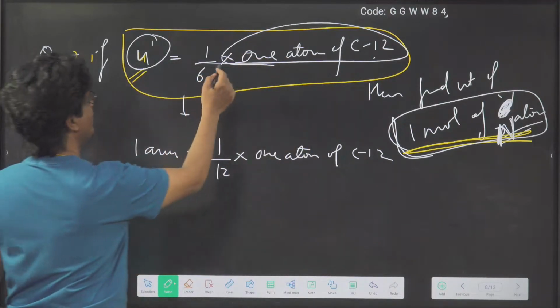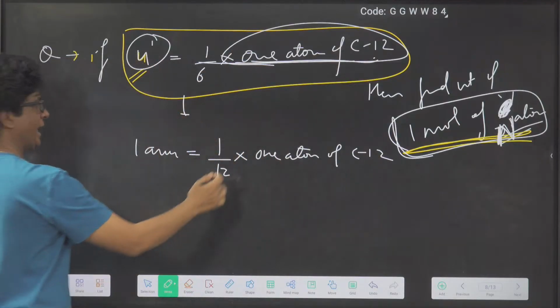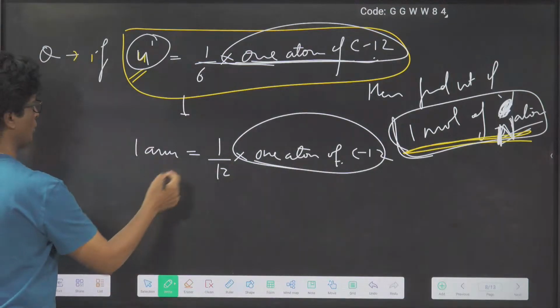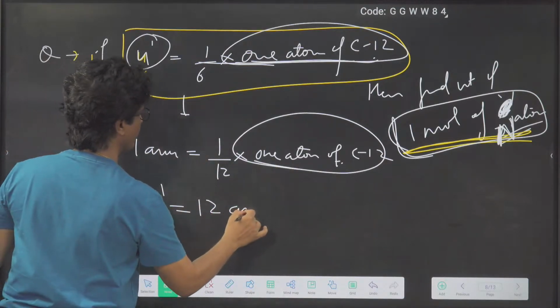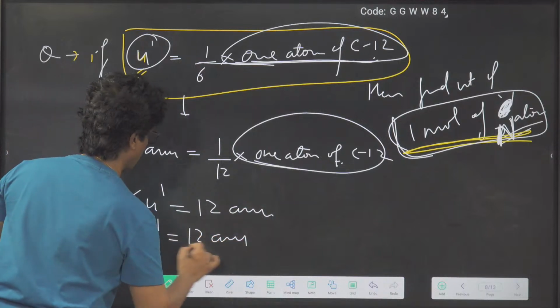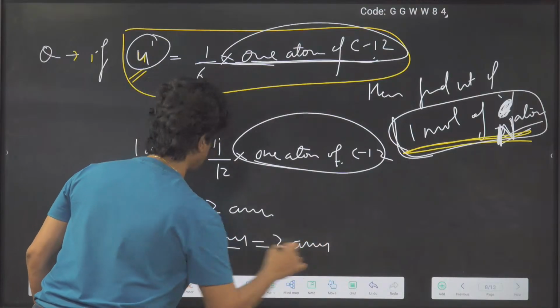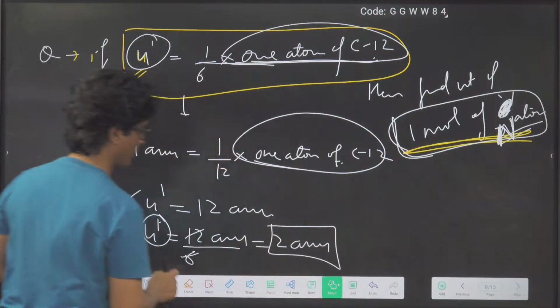So one carbon atom will have 6 U dash, and 1 atom of carbon 12 is 12 AMU. So 6 U dash is equal to 12 AMU, so U dash will be 12 AMU upon 6, which is 2 AMU. So U dash is 2 AMU, the new unit.